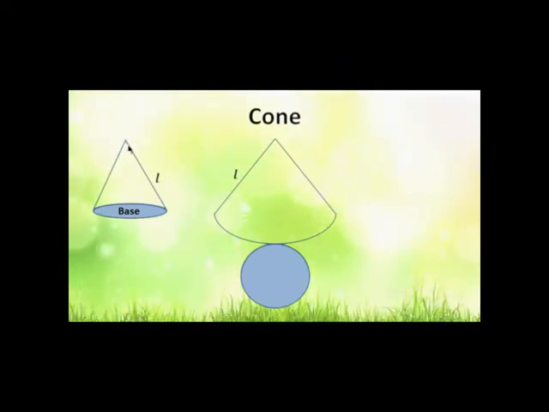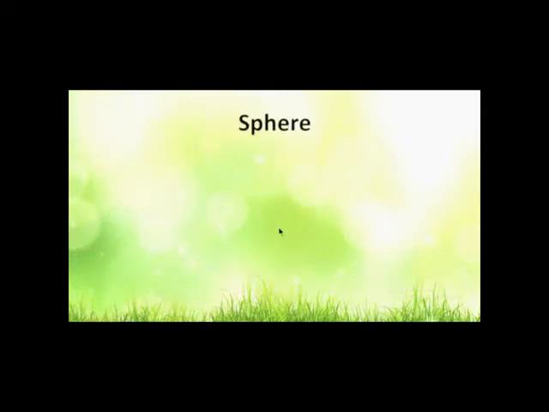Let's say this is the L. So the area of the circle is pi r squared, and the curved surface is pi r L. So the surface area of the cone is pi r L plus pi r squared. This is where the formula comes from.